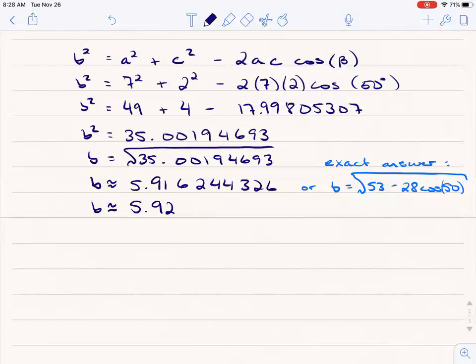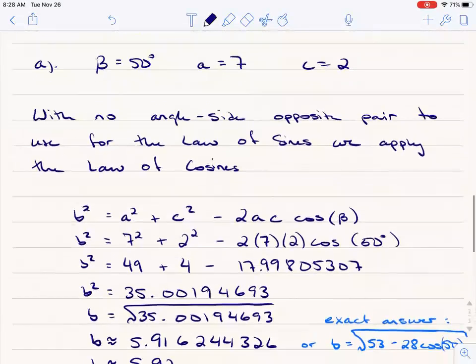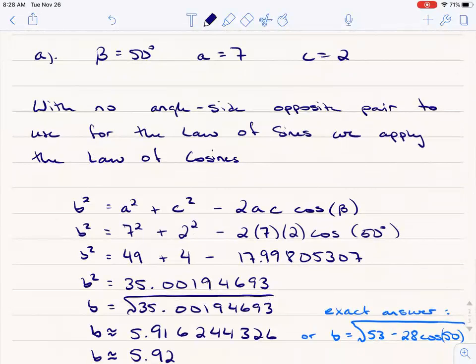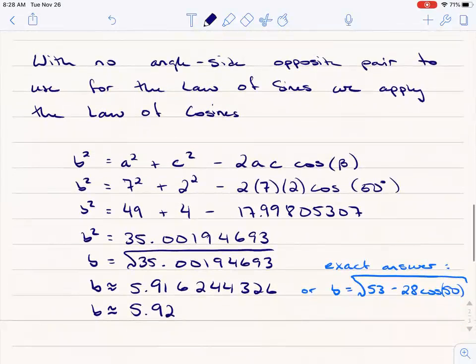Okay. After this, there's lots of ways that we could figure out the other two angles, alpha and gamma. One thing that we might notice is that if I have B and if I have beta, I could just switch back to the law of sines, which I'm going to do just to practice the law of sines today.